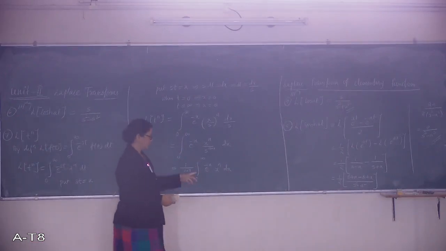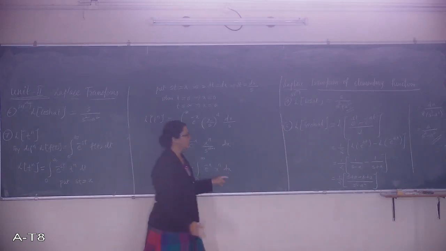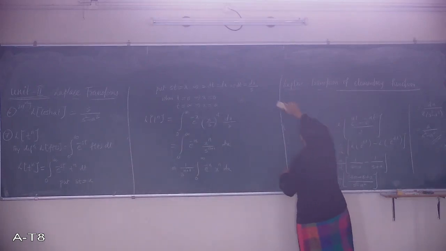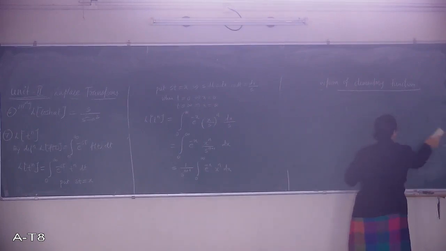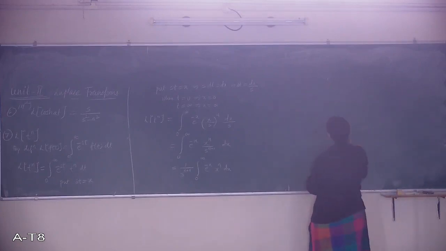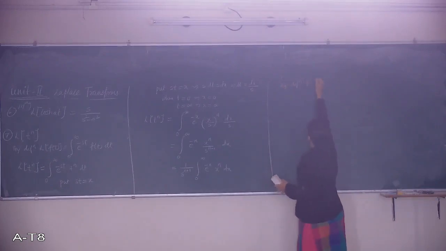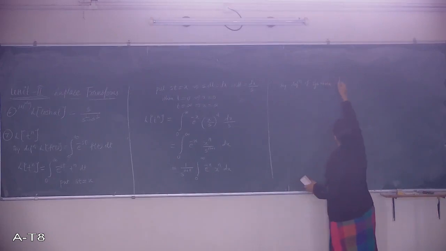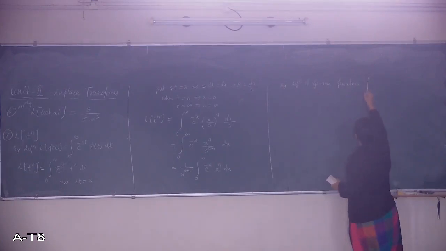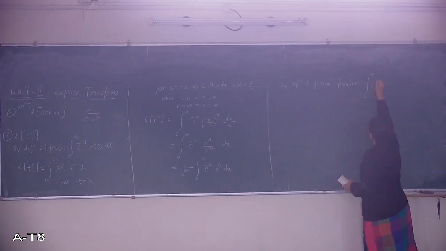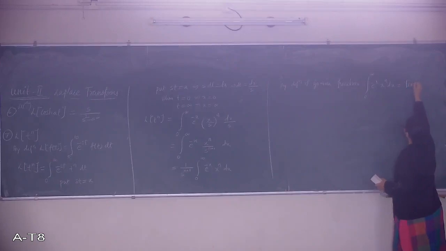Now what is this integration from 0 to infinity e to the power minus x, x to the power n dx? There is a function called the gamma function. By the definition of the gamma function, integration from 0 to infinity e to the power minus x into x to the power n dx is equal to gamma of n plus 1.